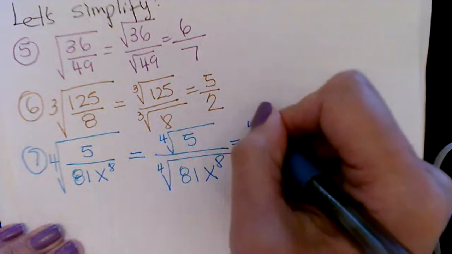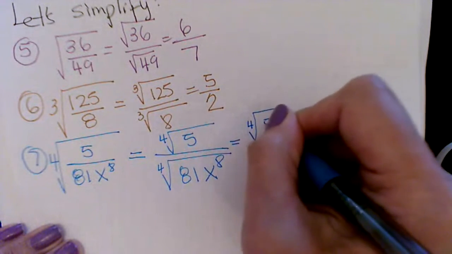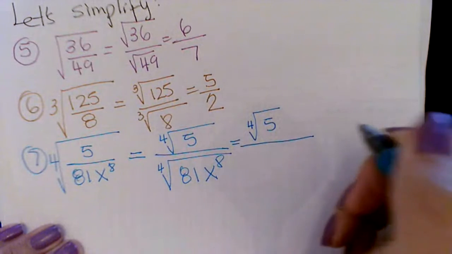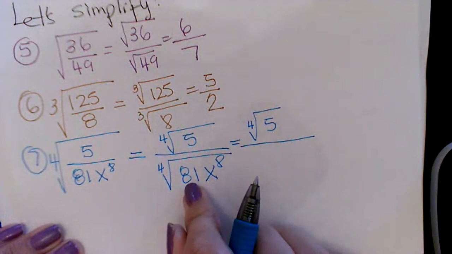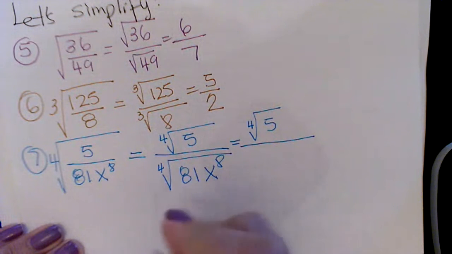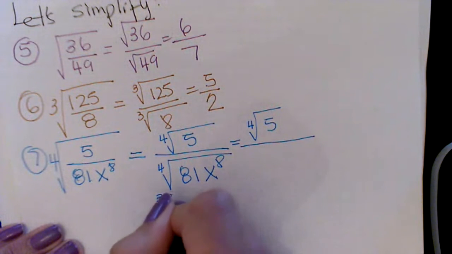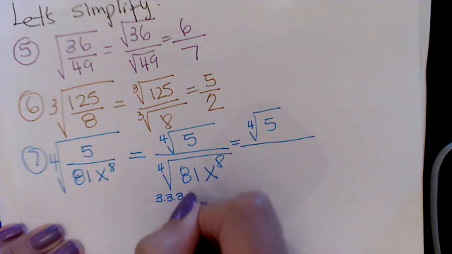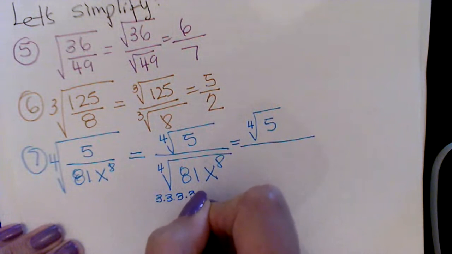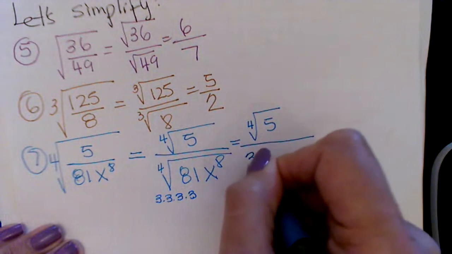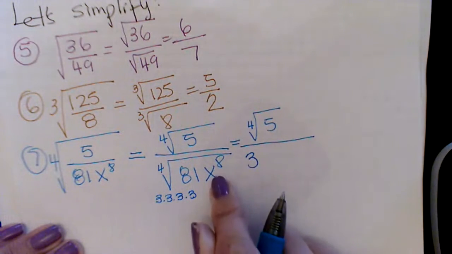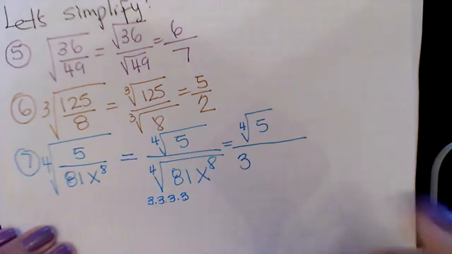The numerator is going to stay the same. The denominator, the 4th root of 81 is 3, because 3 times 3 is 9. 9 times 3 is 27, and 27 times 3 is 81. So we know it's going to be 3. What about this one? Remember what we said?